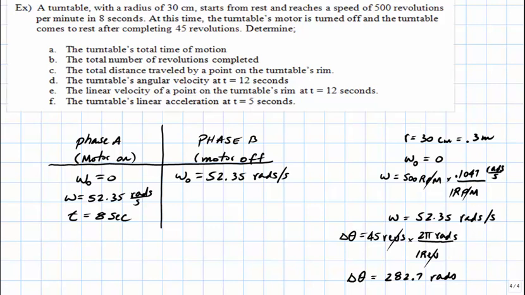Also, the angular displacement was given as 45 revolutions, and we converted that to 282.7 radians. So delta theta equals 282.7 radians. And the turntable comes to rest in phase B, therefore its final angular velocity equals 0.